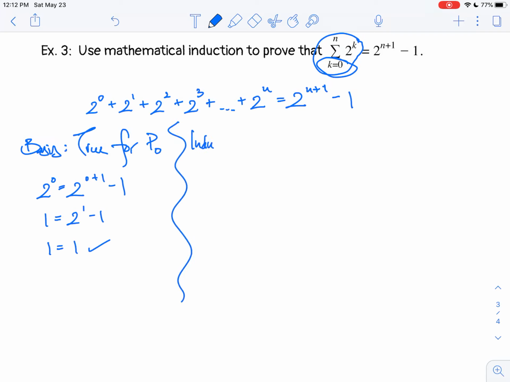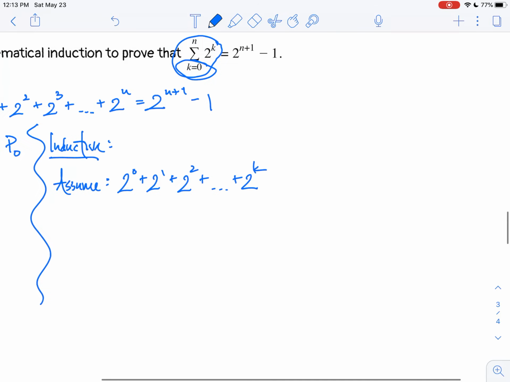Now our goal is to do the inductive step. That means we're going to assume this is true for 2 to the k. Everything added up until 2 to the k should equal 2 to the k plus 1 minus 1. And now we're going to use that to prove what happens if, instead of k, we have k plus 1.